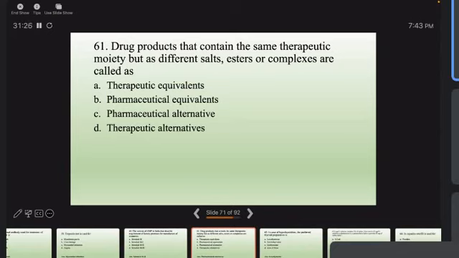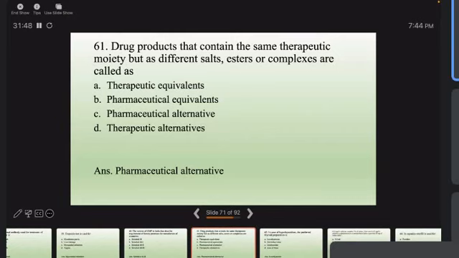Pharmaceutical alternative. Okay, so the answer is pharmaceutical alternative.